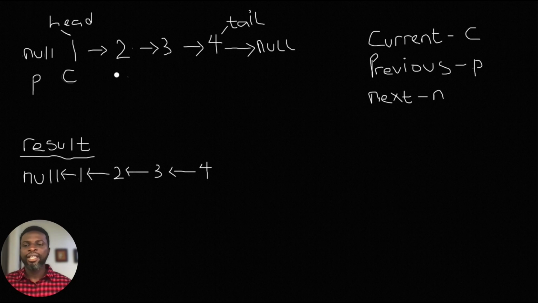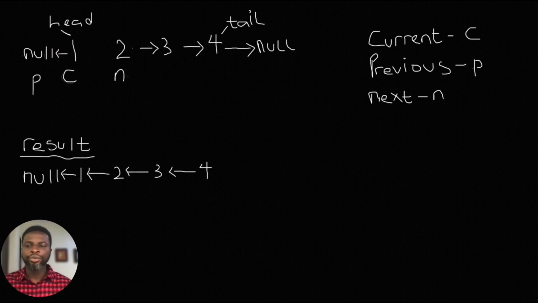Now I'll assign the next pointer to node 2. Since I have the 3 pointers assigned, I can go ahead to reverse the current node, which is the head. So instead of the current node pointing to node 2, I'll point the current node to null. Now the current node has been reversed.